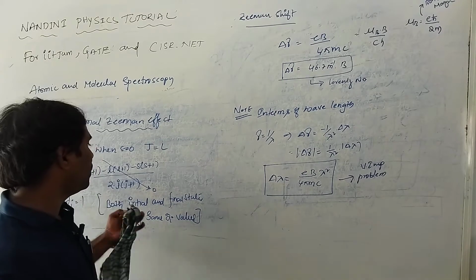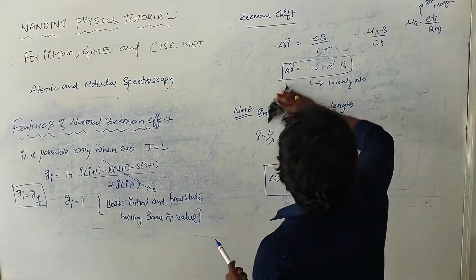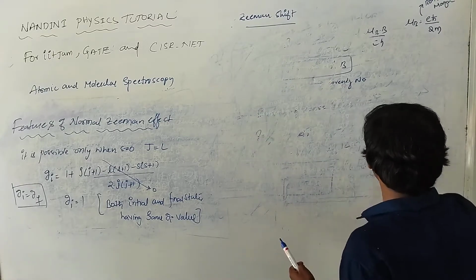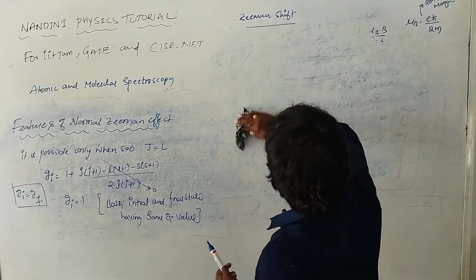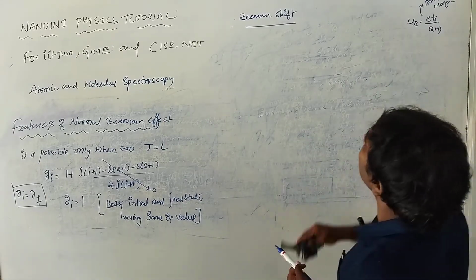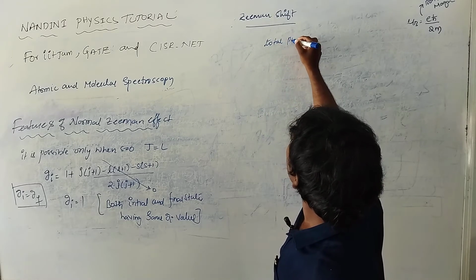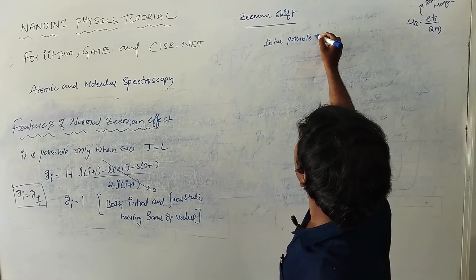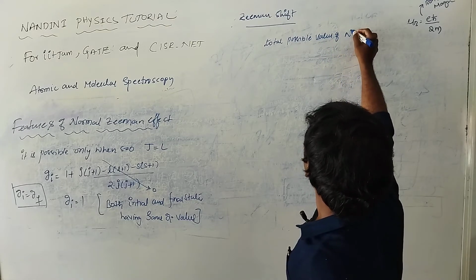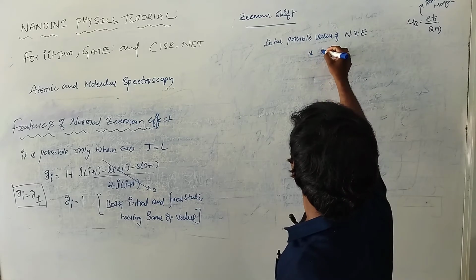And what are the total possible values of the normal Zeeman effect? That is called 2L plus 1. So the total number of possible values of the normal Zeeman effect is 2L plus 1, okay.